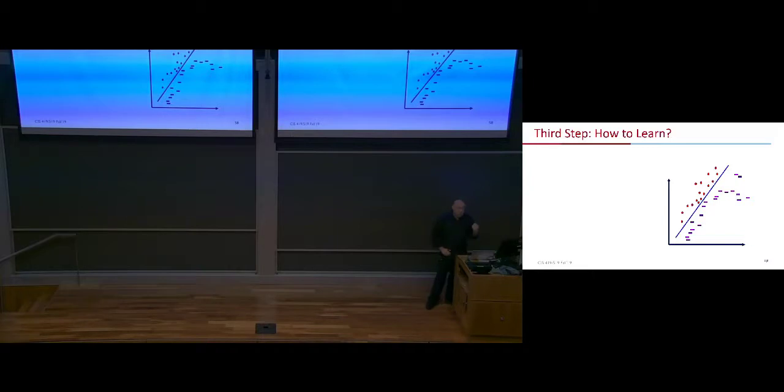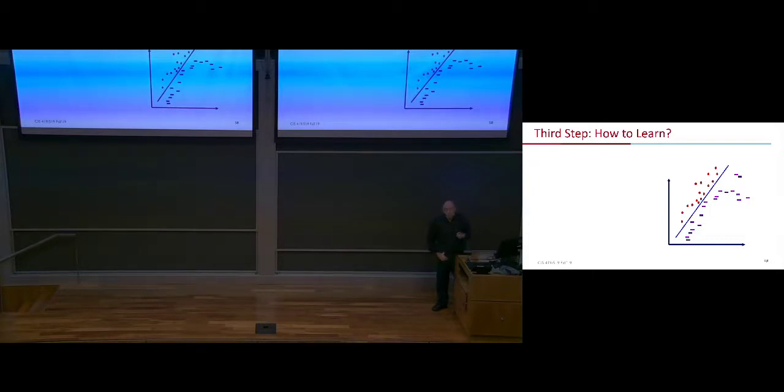We already agreed that we're going to look for a linear function, so a weight vector, W. And we know once we have the weight vector, how we're going to make decisions, right? So we're going to do the dot product Wx. If it's positive, we're going to say red points. If it's negative, we're going to say blue point.